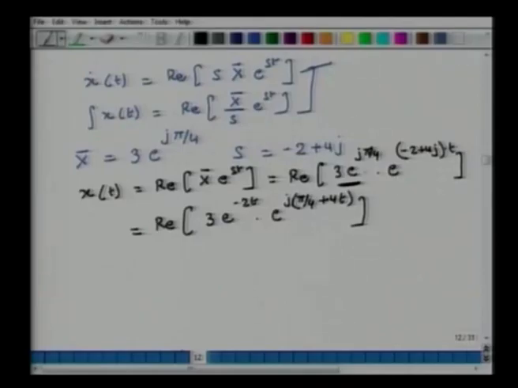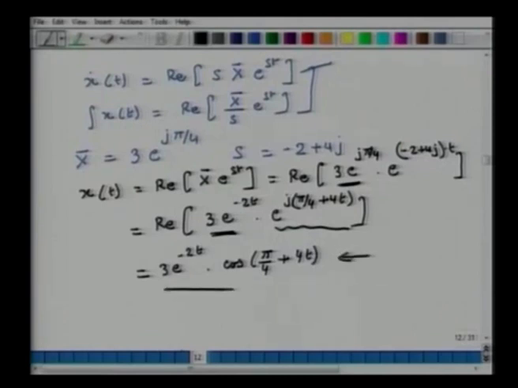Minus 2t, j times pi over 4 plus 4t. So this is real, so I can take it out, times the real portion of this guy, which is cosine of pi over 4 plus 4t. This is my x.